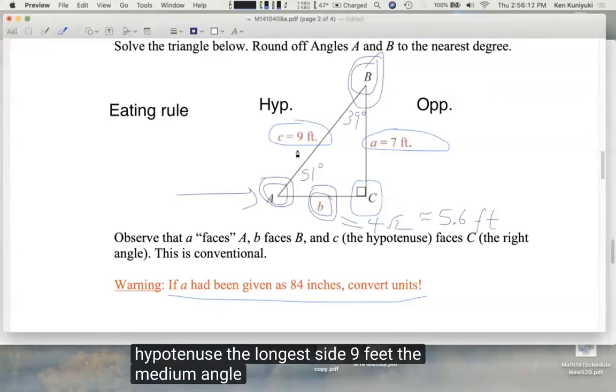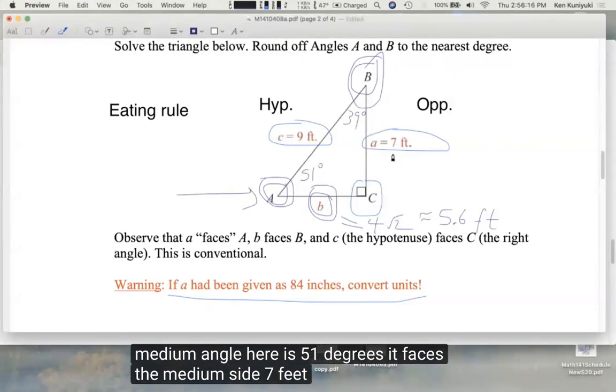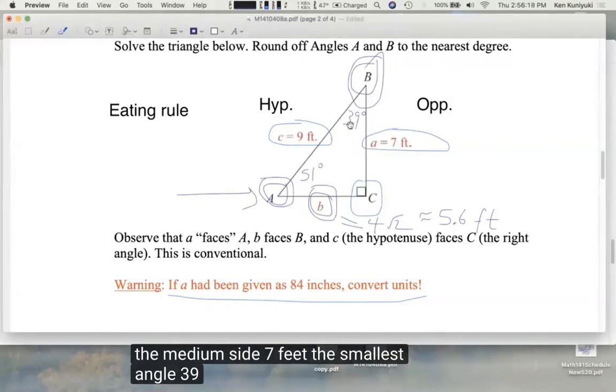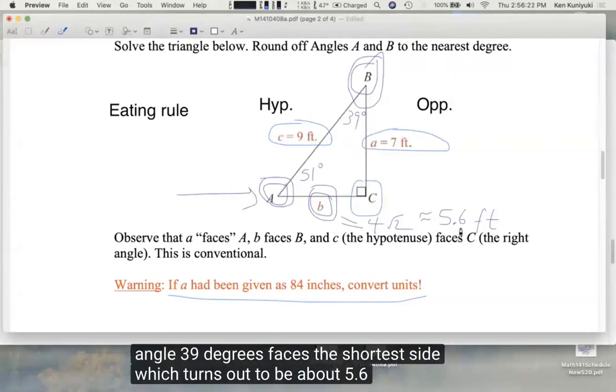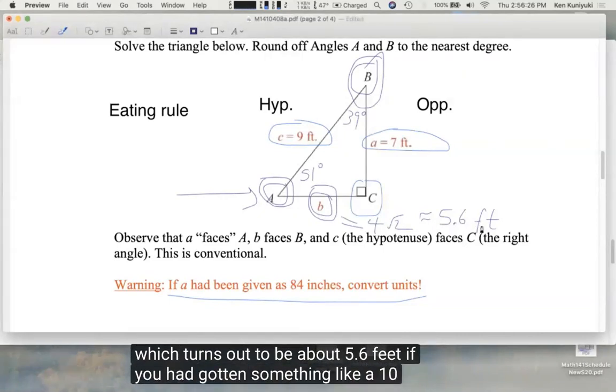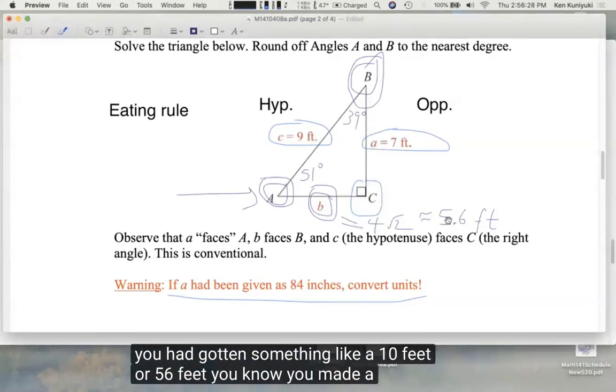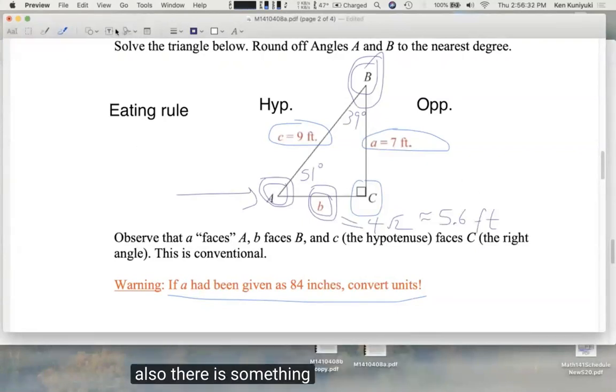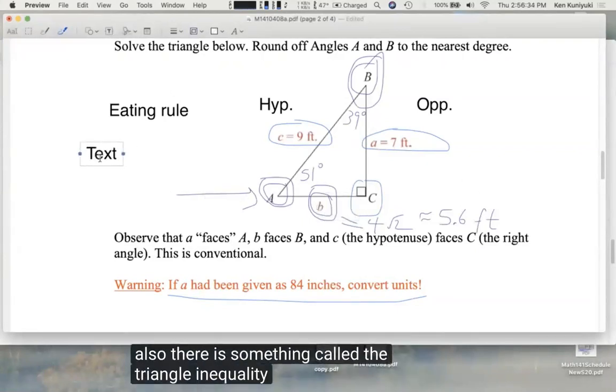The medium angle here is 51 degrees. It faces the medium side, 7 feet. The smallest angle, 39 degrees, faces the shortest side, which turns out to be about 5.6 feet. If you had gotten something like 10 feet or 56 feet, you know you made a mistake. Also, there is something called the triangle inequality.